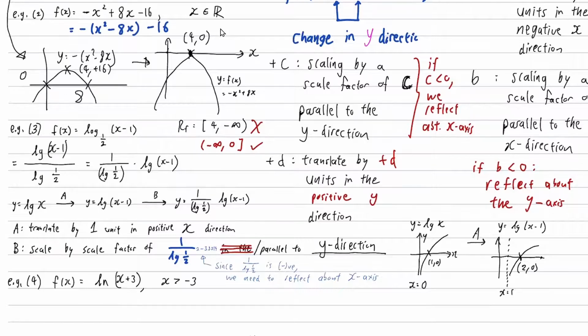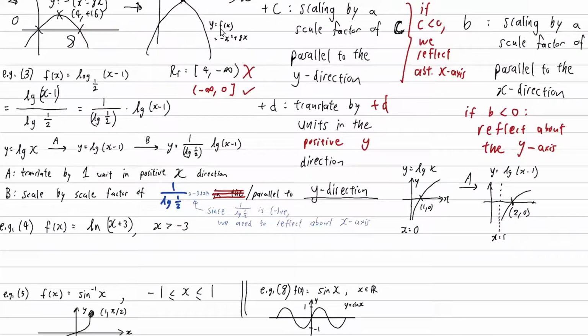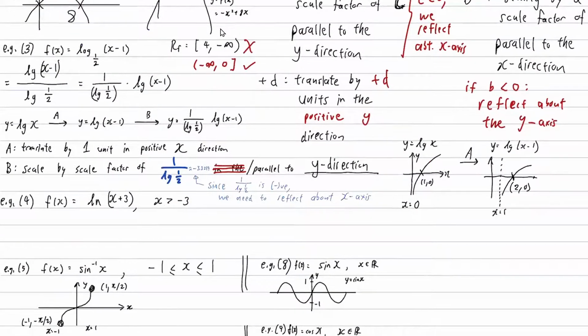Then after that, we transform by b. So now b tells you what? B tells you have to essentially flip it around because of the minus sign, minus 3.3 something something. The minus tells you need to flip it upside down. The 3 just tells you what? You need to scale it up, make it thinner. If you want to do b part 1, like you flip it around first, then you will get something like this.